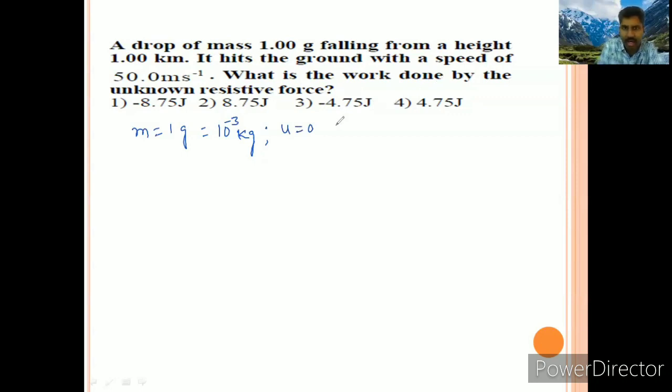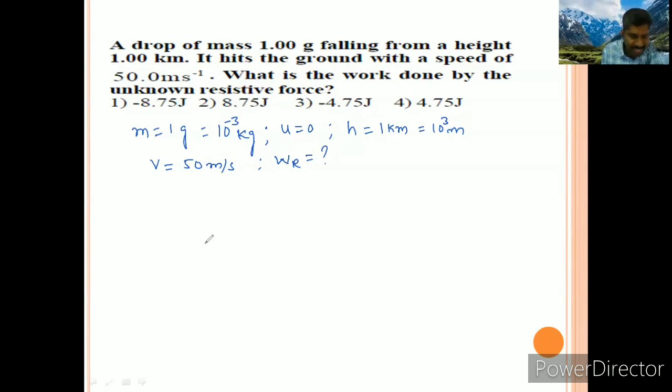Freely from a height h equal to 1 kilometer, I will write 10 to the power of 3 meters. It hits the ground with a speed of v equal to 50 meter per second. What is the work done by the unknown resistive force? Here also we need to find out the unknown resistive force.